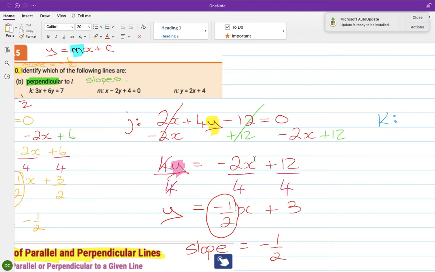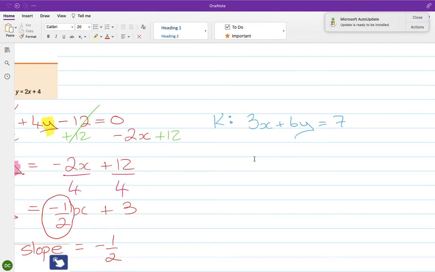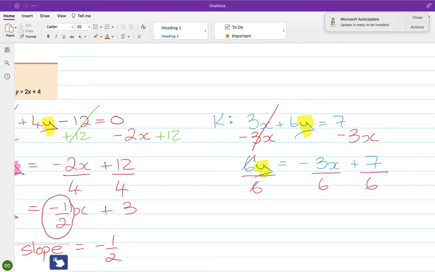K is 3x plus 6y equals 7. Okay, again, we're trying to isolate the y. Less to do this time. The 7 is already moved, so we just have to move the 3x. So minus 3x. So then I get 6y equals minus 3x plus 7. Then I want to isolate the y, so I'm going to divide by 6, but then I have to divide by 6 here and here.